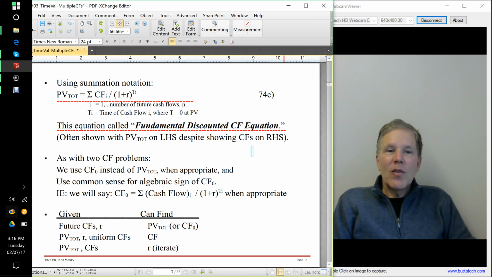Okay, as with our two cash flow problems, we can use, and we already have used, CF0 instead of PV tote when it's appropriate. And in this chapter, we're going to use common sense for the algebraic sign of CF0. So, in other words, we can replace 74C up above with this equation, completely equivalent.